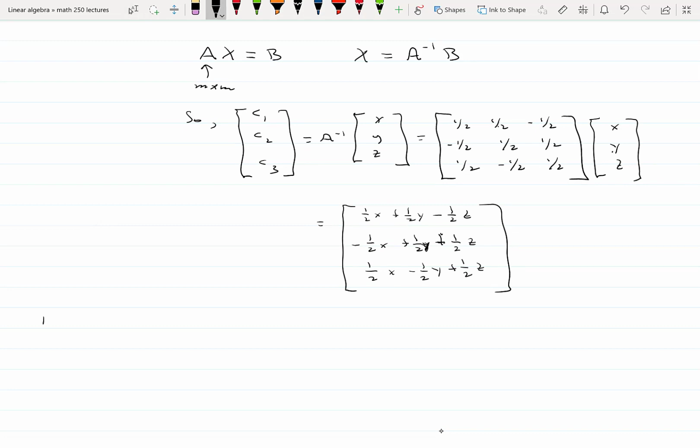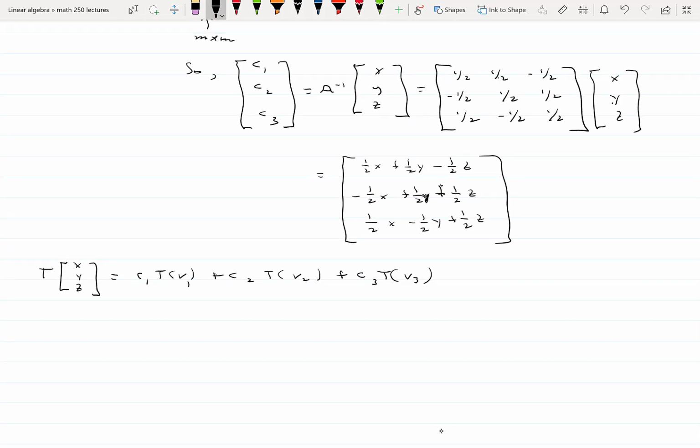This is a little more writing to do, but there's not a lot of work, just writing. So T of X, Y, Z equals C1 times T of V1 plus C2 times T of V2 plus C3 times T of V3, where V1, V2, V3 were the basis vectors. So it's C1, a little labor intensive.